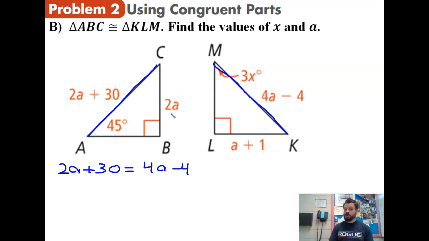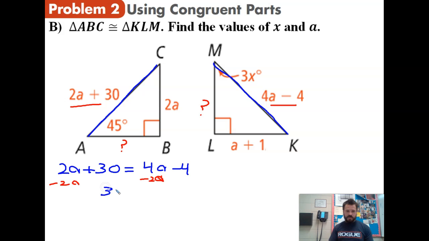And again, I ignore the 2a because I don't know the measure of its corresponding side. Same thing with the a plus 1. I don't know its corresponding side. I have to use the sides that are corresponding, the sides that match up. Okay, let's solve that equation for a then. I'm going to subtract 2a from both sides to get the a by itself.